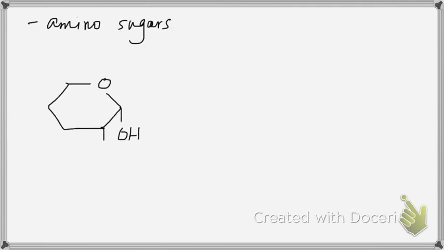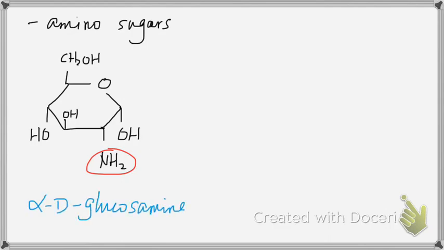The next variation is the amino sugar. So the amino group here circled replaces an OH group here. And this is the alpha D glucosamine. I'm sure you've heard this term before, glucosamine, right?